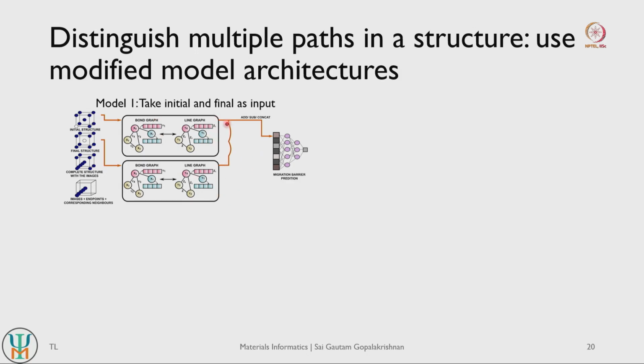We take embeddings from both of these models and then use that to make the final prediction of the migration barrier. So you see that giving inputs of initial and final configuration, or initial and final images of the structure, gives some sense of the directionality of motion, right. So this is one model architecture or model modification that we tried out.